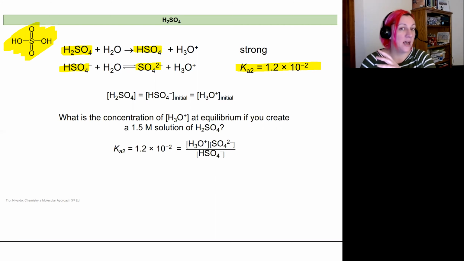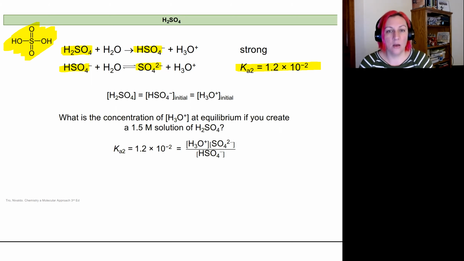Now remember, just water on its own, its autoionization equilibrium is going to be 1 times 10 to the negative 14th. And so negative 2 is pretty big compared to something like that.